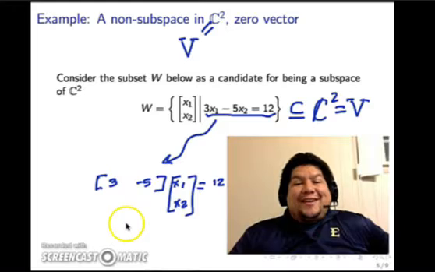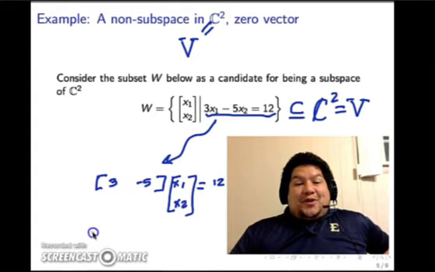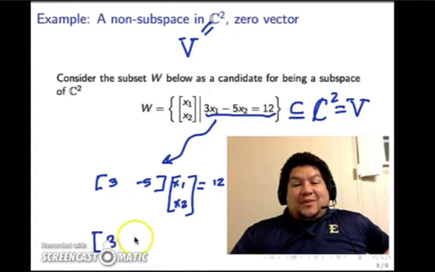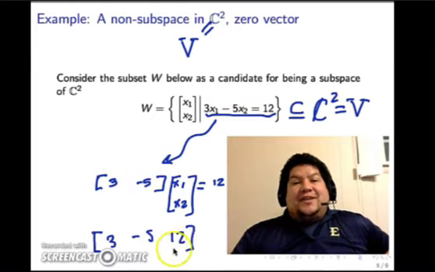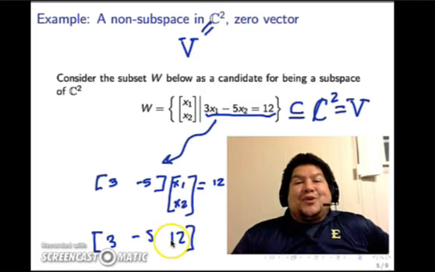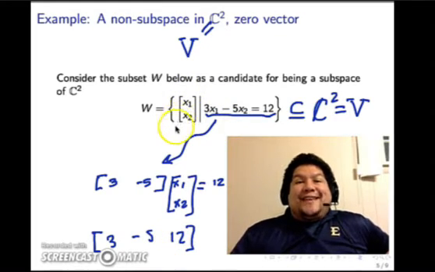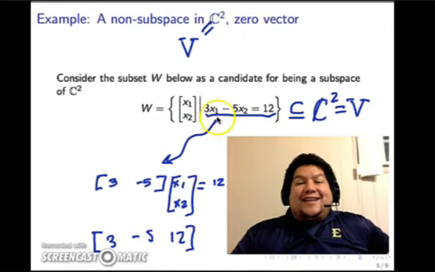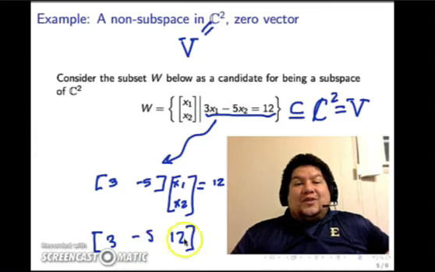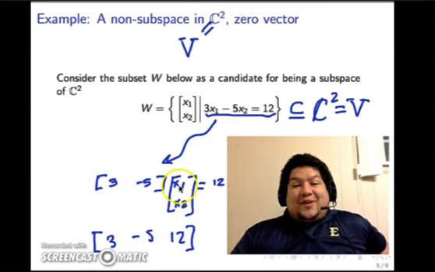If you were going to form the augmented matrix, this would be 3, minus 5, and 12, and here the column really is that one number. So the idea here is that W is a subset of C2 such that the entries of W are solutions of this system of equations.